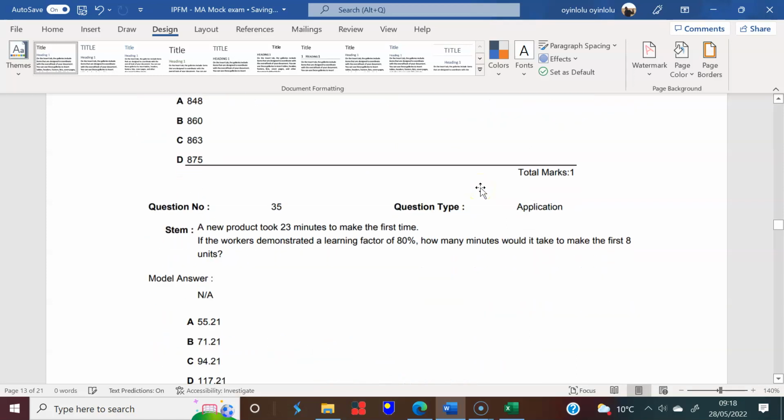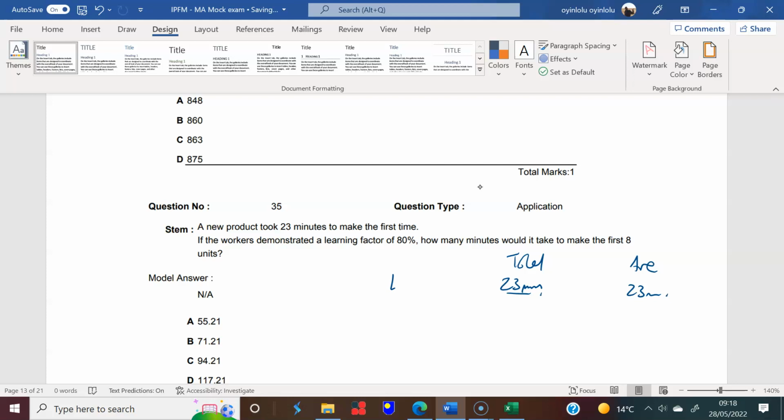Then question 35. Again, we're back onto learning curves. It tells us that to make the very first unit, you needed 23 minutes. This was the total, as well as being the average, 23 minutes.